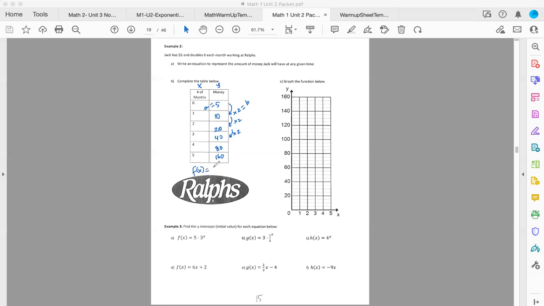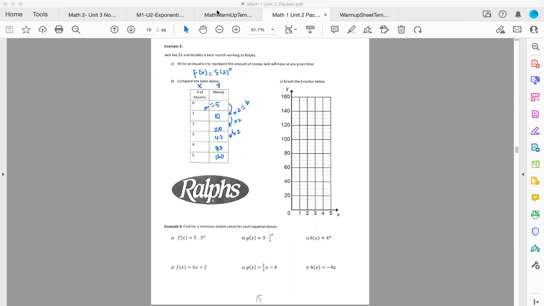So this becomes f of x equals 5 multiplied by, in parentheses, 2 to the x. So this is part A. Write an equation to represent the amount of money. I could have written it here, actually, to better show 5 times the quantity 2 to the x. So that's part A.